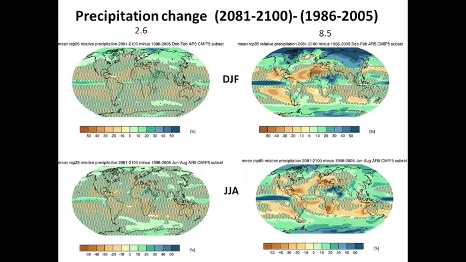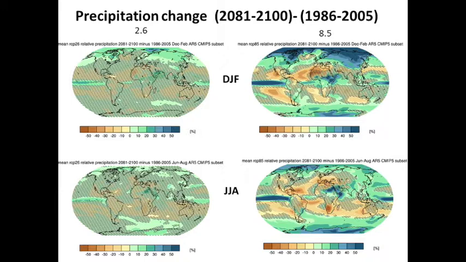We can't say that they are caused by the changes in the temperature. But there are some regions, for example this one, that are not hatched. So in these regions, the standard deviation is less than the difference. And in 8.5, we see that there are many regions, for example here in the north.